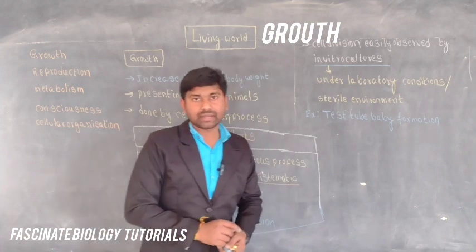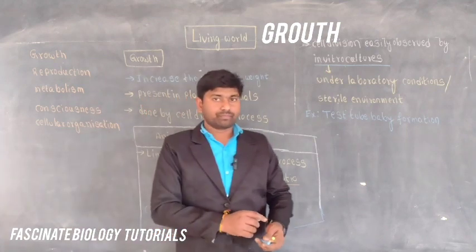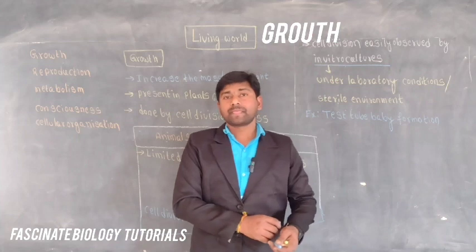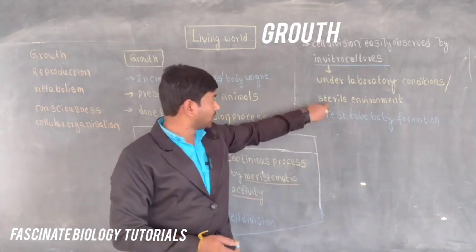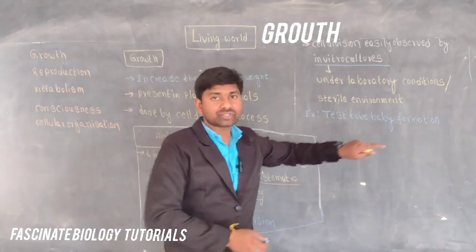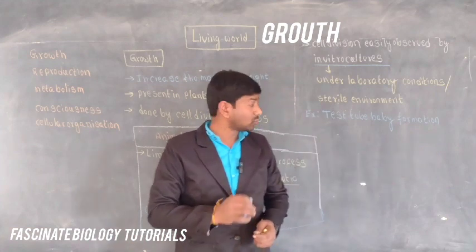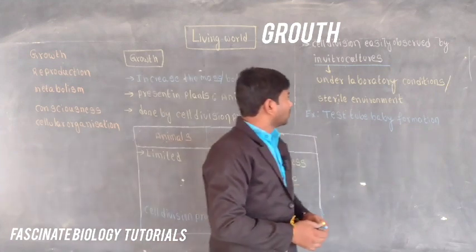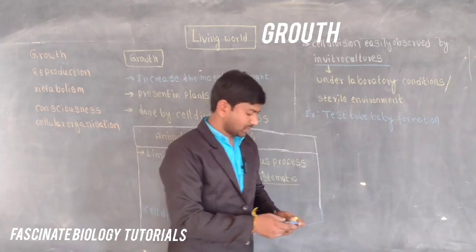These are of two types: the meiotic cell division process and the mitotic cell division process. This is the mitotic cell division process. Meiotic cell division occurs in sexual reproduction, but leave that now. And now, growth in dead organisms.